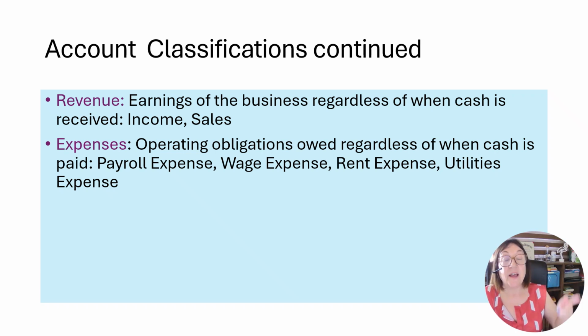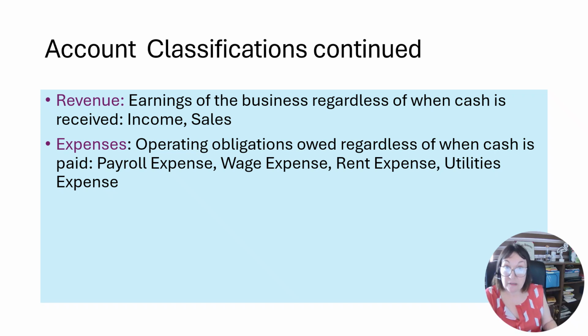Expenses are just the opposite. They are the operating obligations that we owe regardless of when the cash is paid. For example, sometimes you get paid the next month for the last month's wages that you earned.